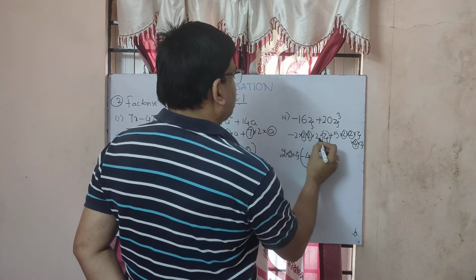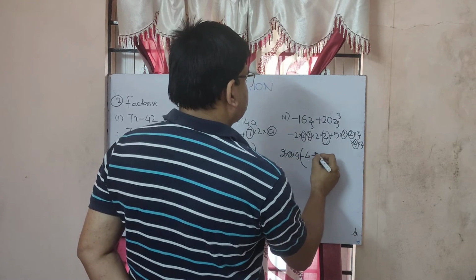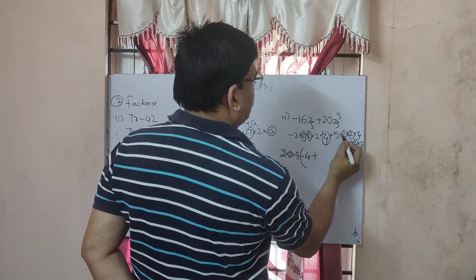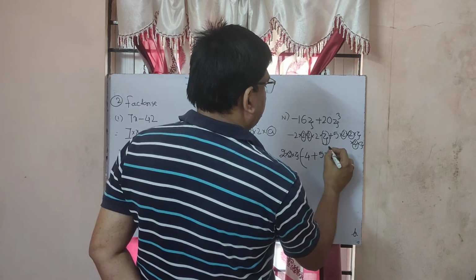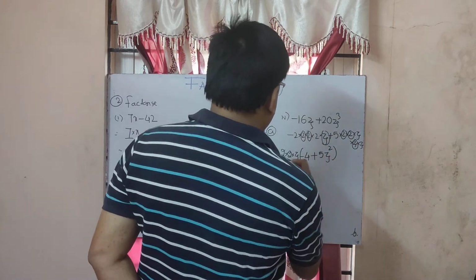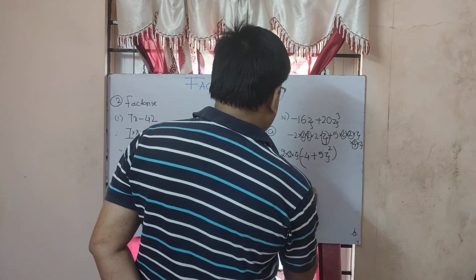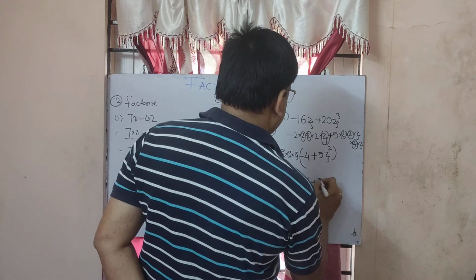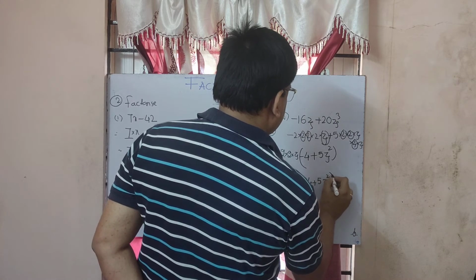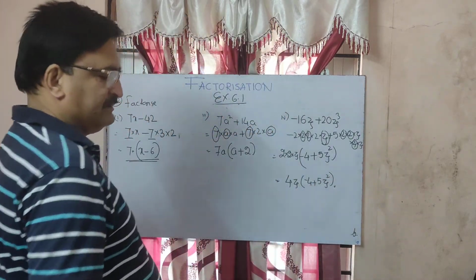Minus 4. Minus 2 into 2 is 4. Plus there is 5 z square. So minus 4 plus 5 z square.